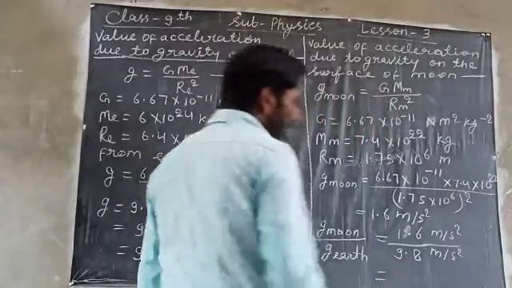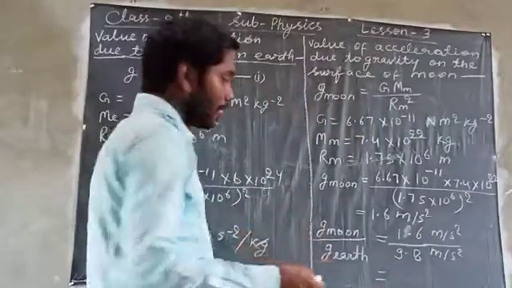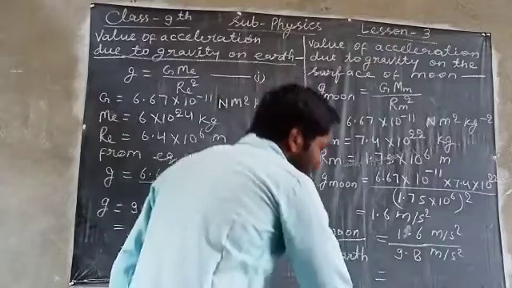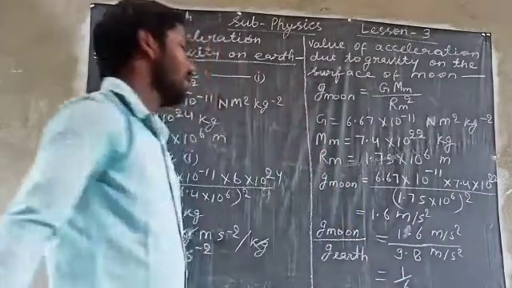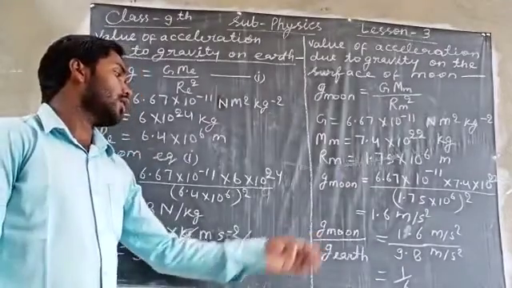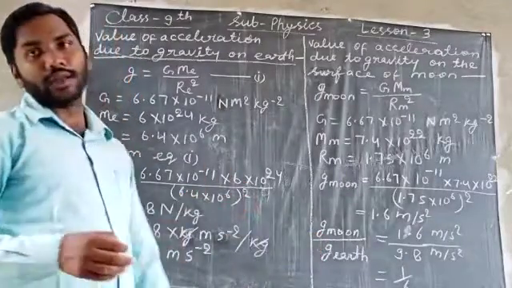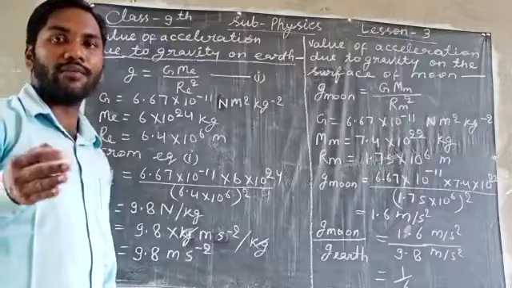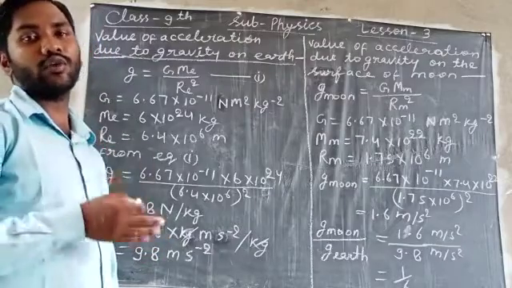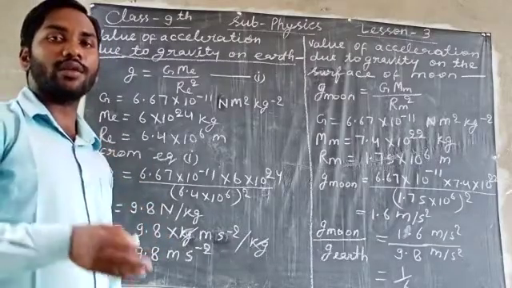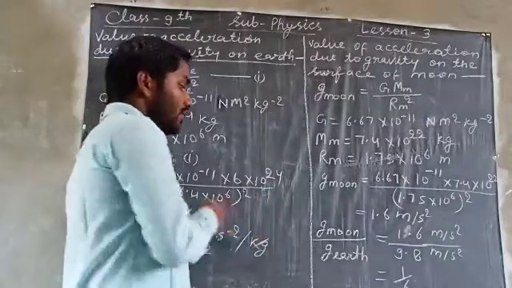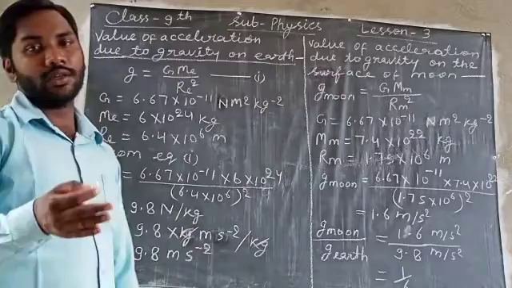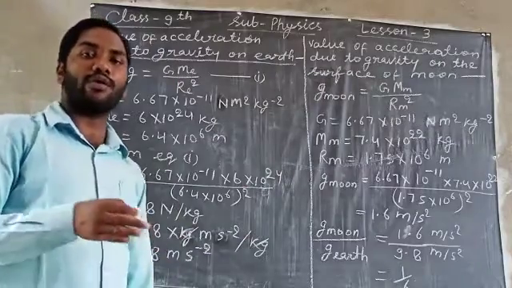It will be about 1/6, because 16 is to 96 as 1 is to 6. So from here we conclude that the acceleration due to gravity on the surface of the moon is 1/6 of the gravity on the surface of the earth.